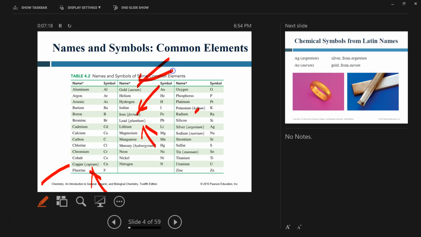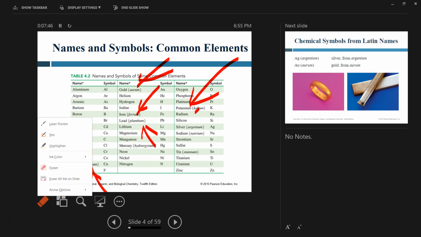Gold is aurum, which gives Au for gold. Potassium is kalium, which gives K for potassium. Silver is argentum, so Ag for silver. Sodium is natrium, and tin is stannum, which determines the sign.